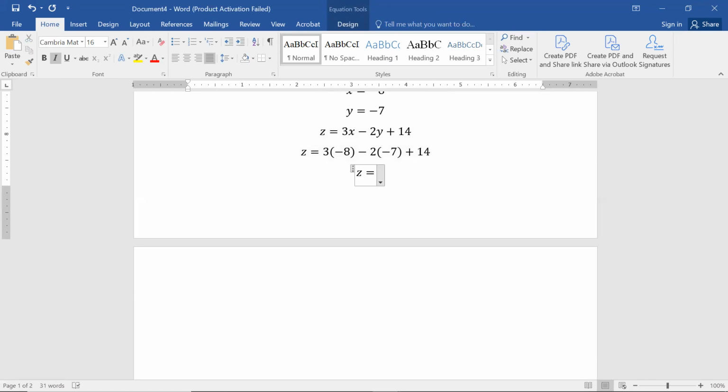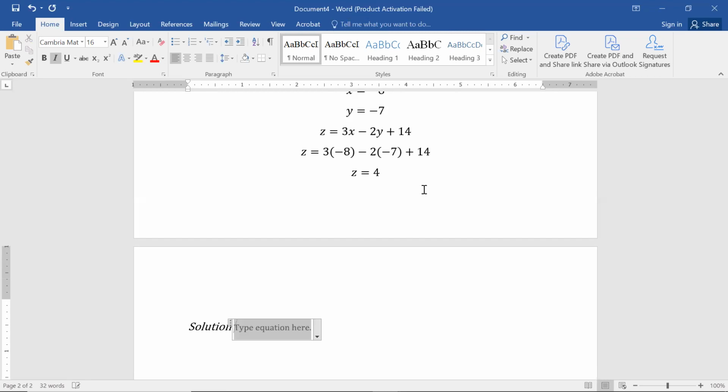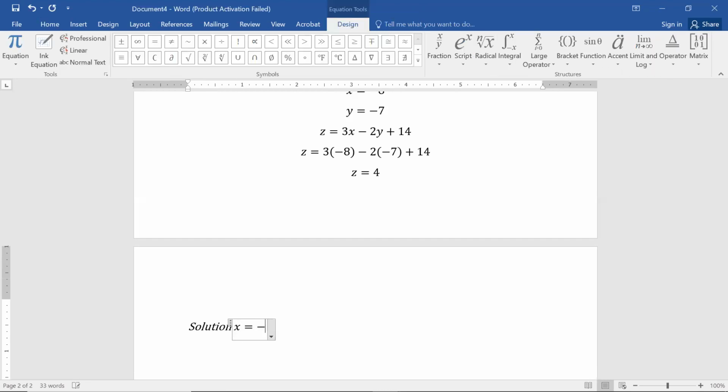When I take 3 times -8 minus 2 times -7 plus 14, I end up with a +4. So it looks like my solution happens when x is equal to -8, when y is equal to -7, and when z is equal to +4.